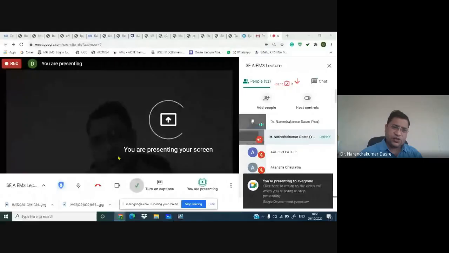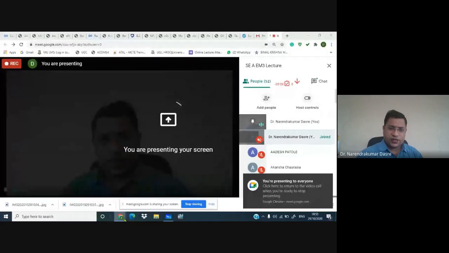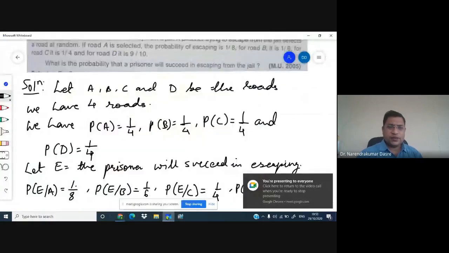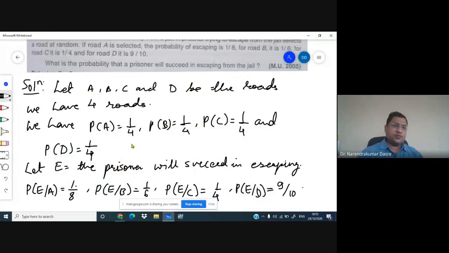And what does the total probability theorem say? It says that we take the conditional probability with the probability of the partition, and then take the summation.